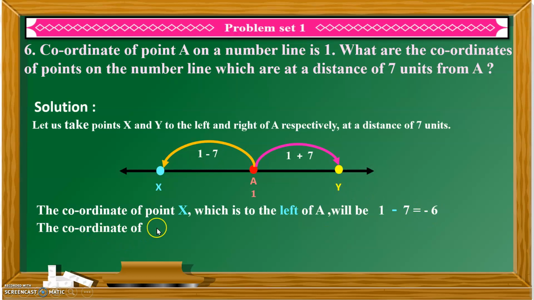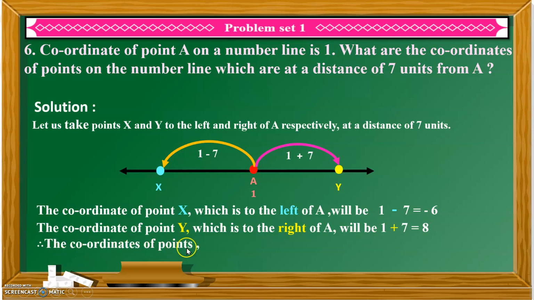The coordinate of point Y, which is to the right of A, will be 1 plus 7 equal to 8. So therefore the final answer, the coordinates of points 7 units away from A will be -6 and 8.